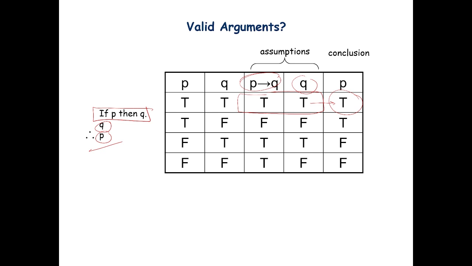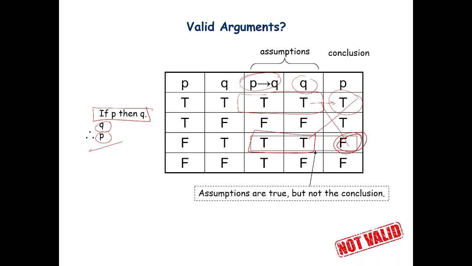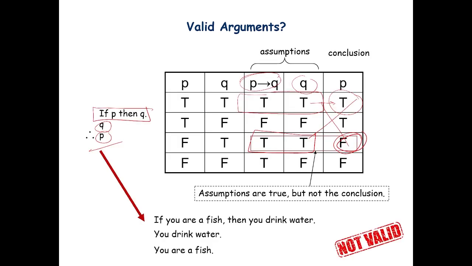Is it a valid argument though? No, because here also we have true, true, and this is a false statement. So we have found a counterexample. Let's see one example. If you're a fish, then you drink water. You drink water. So are you a fish? No.